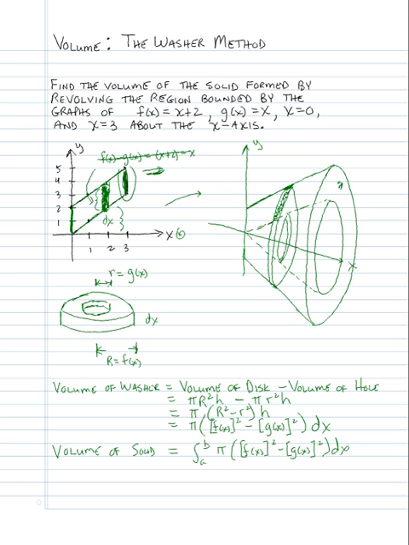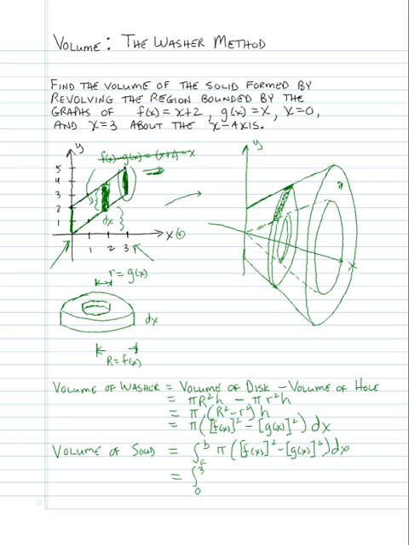So I apologize for doing that earlier. In our problem, the disks are going to start at an x value of 0, and they're going to stop at an x value of 3. That's this x value of 0, and that's this x value of 3.